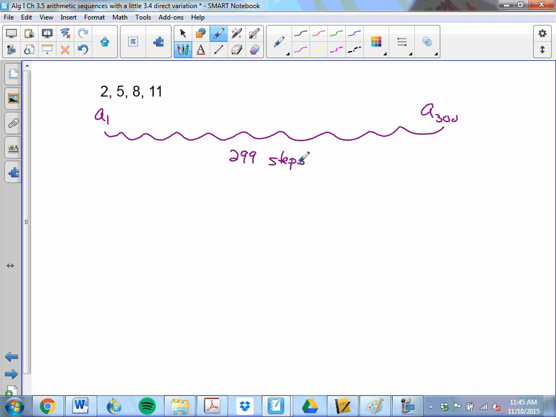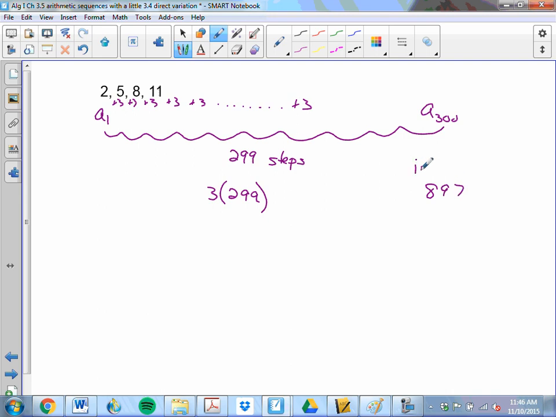Well, each of those steps is going to be plus 3, plus 3, plus 3, plus 3. So we're really going to be adding 3 299 times. Well, the quick way to add 3 299 times is to multiply. So I took 3 times 299, well that's just under 900, that's 897.